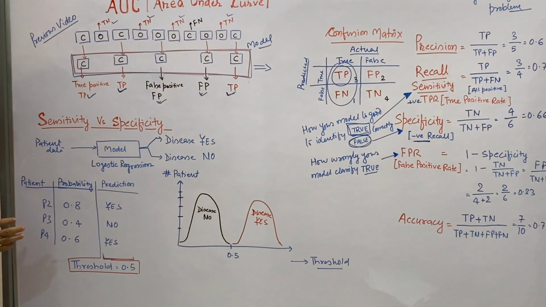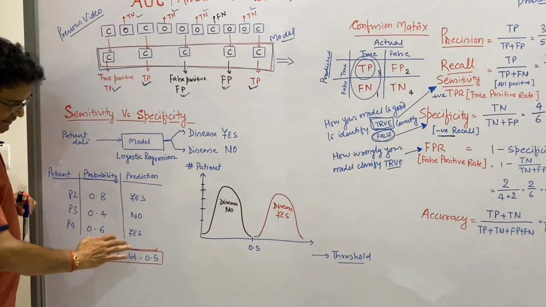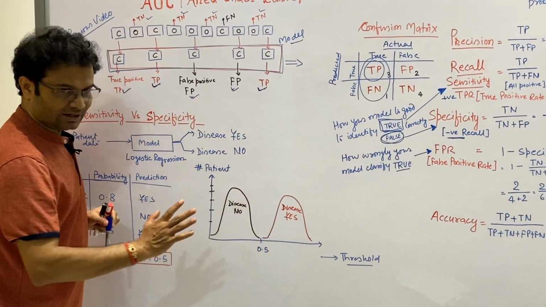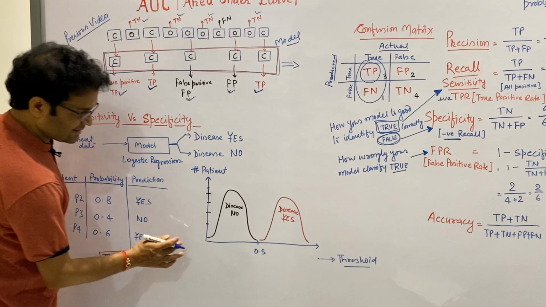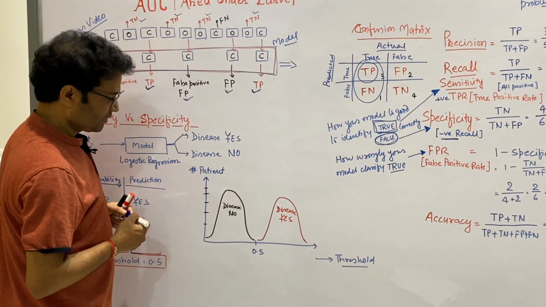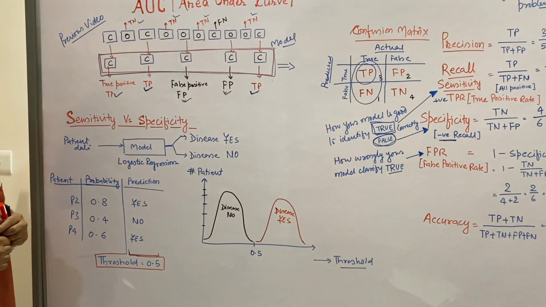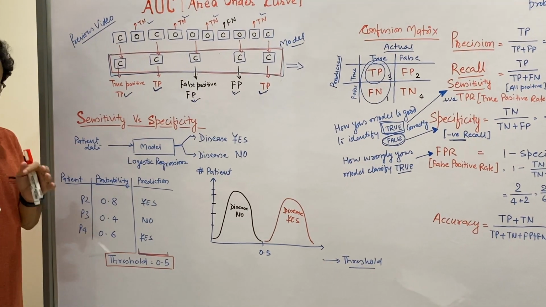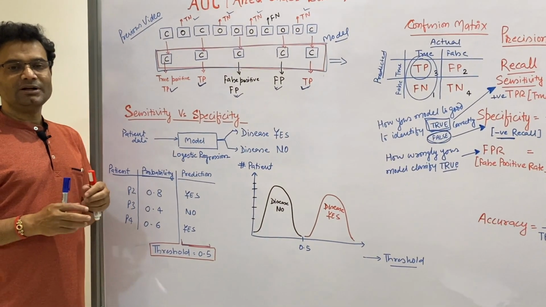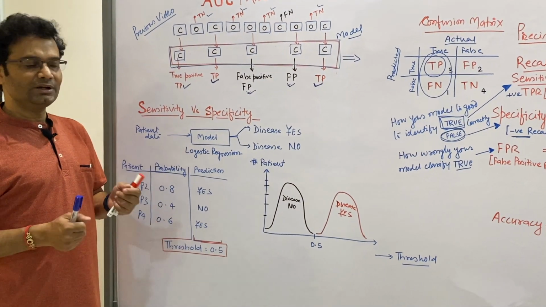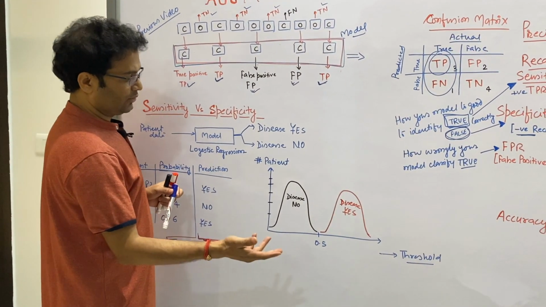So let us convert this data into one graph. The x-axis has the threshold and the y-axis has the number of observations of the various patients. And in my data set, I have a normally distributed combination of two kinds of data.